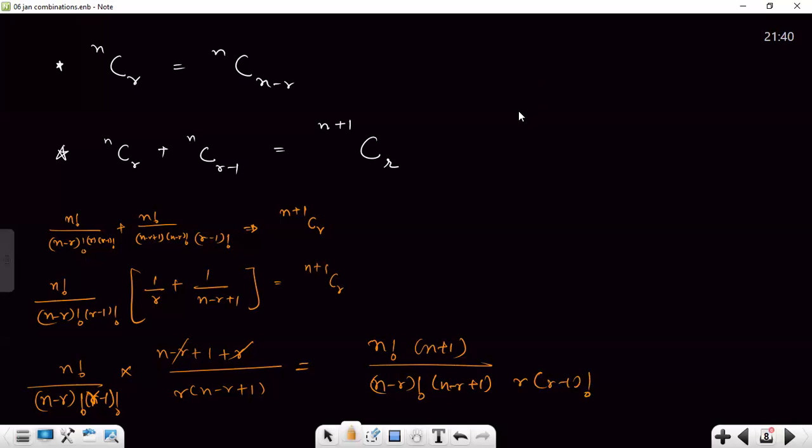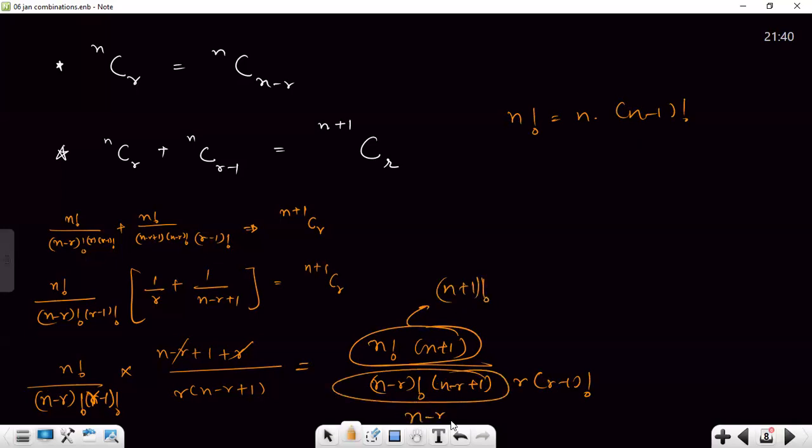From here, using the formula that n factorial equals n into n minus 1 factorial, we can say that this is equal to n plus 1 factorial. This becomes n minus r plus 1 factorial, and this becomes r factorial.